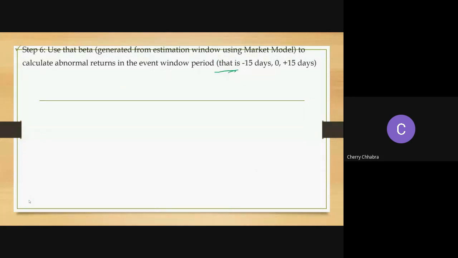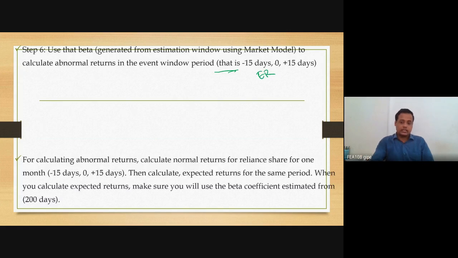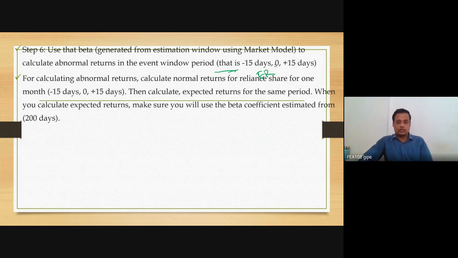Now use the beta that you have generated from the estimation window in the event window to get the expected return. Once you get the expected return, you apply it for calculating the abnormal return. For calculating abnormal return in plus and minus 15 days, you come out with the impact on that particular event.